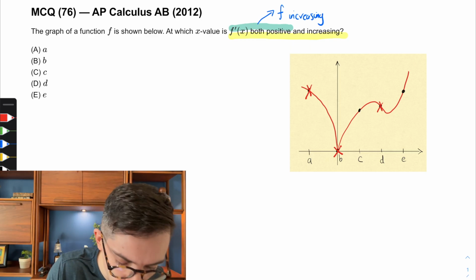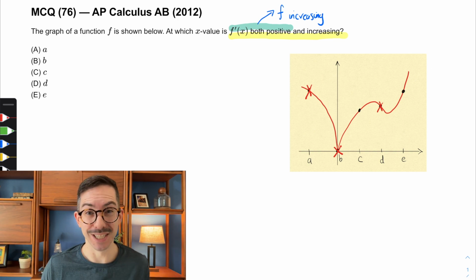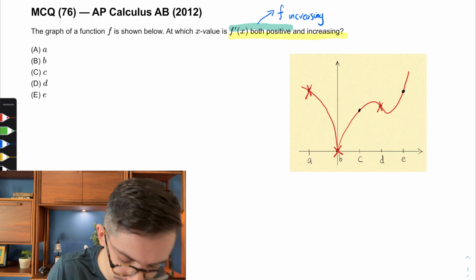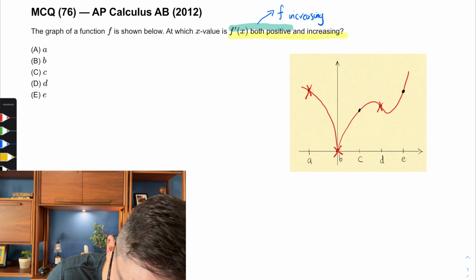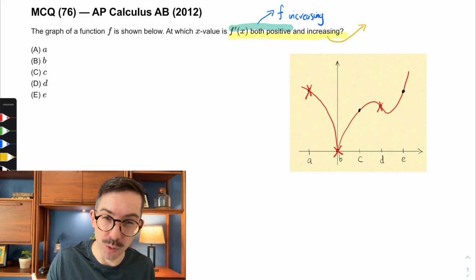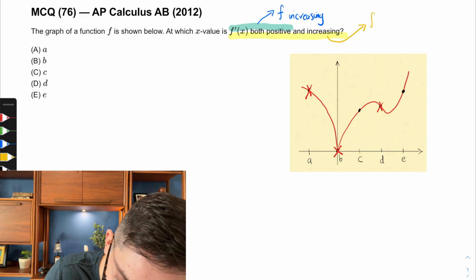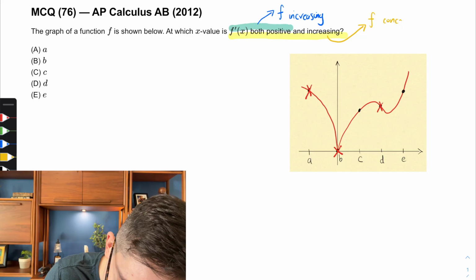So if f prime doesn't exist, it certainly can't be positive. Okay. So we now have 2 candidates left, x equals c and x equals e. To break that tie, we're going to have to use the second fact, namely that f prime is supposed to be increasing. If f prime is increasing, that means f is concave up, right?